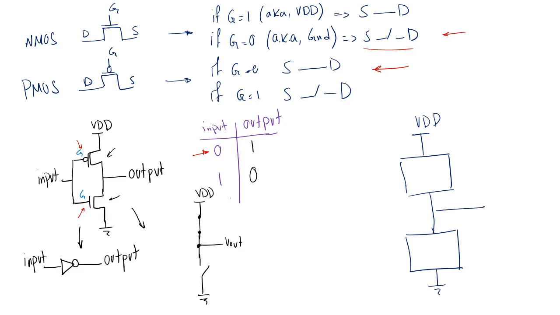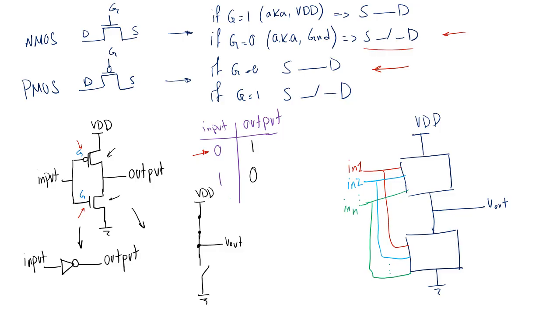We call the midpoint Vout, and the inputs are connected to both of these. In this case, I only had one input, input number 1, but I could have multiple inputs here. So I could have input 2 all the way to input N.